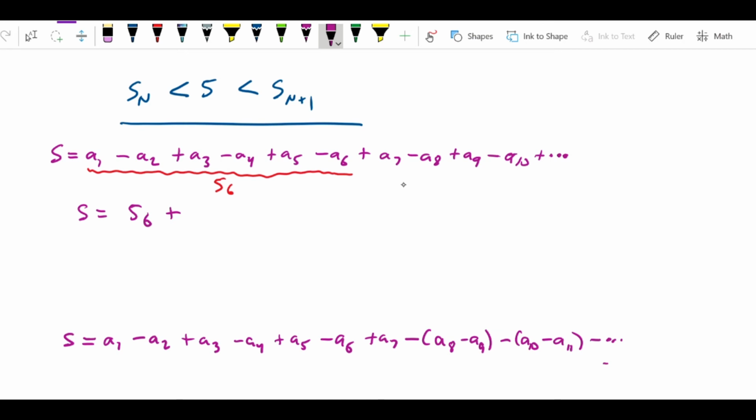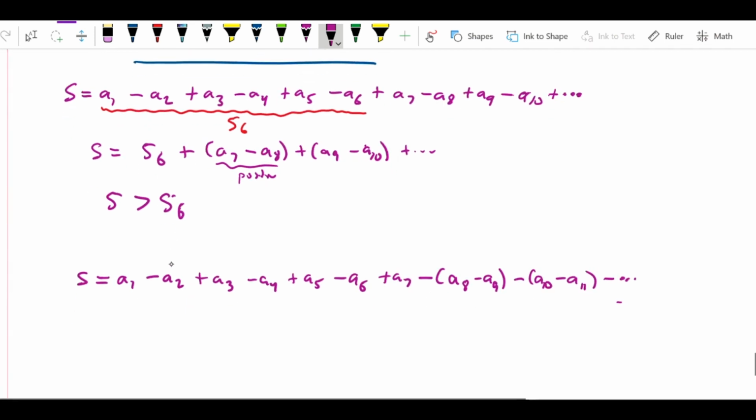But look how I'm going to group them: a7 minus a8 plus a9 minus a10 plus etc., where of course these are all positive. So S is equal to S6 plus a bunch of positive terms, and therefore S must be greater than S6.